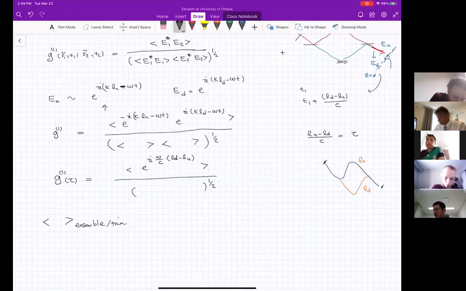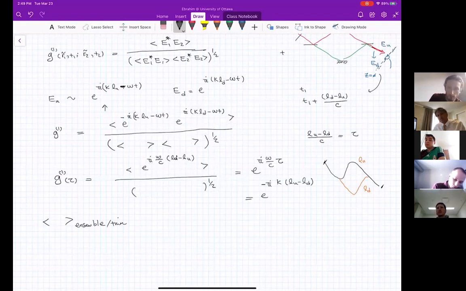And then if you do the normalization, this is essentially e power of i omega divided by c times tau, okay? Or if you wish, you can write it as e power of k dot (LU minus LD) with the negative sign.